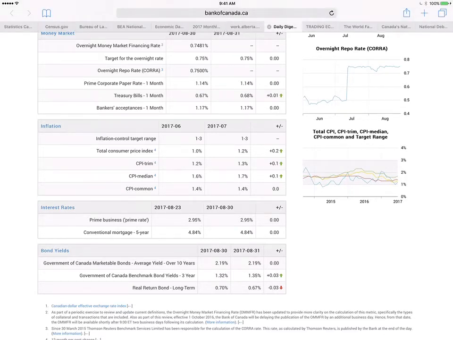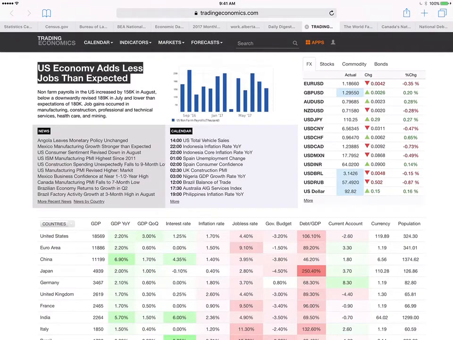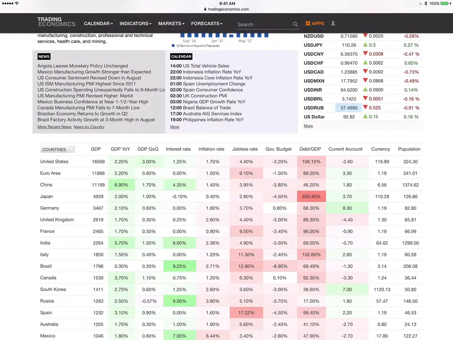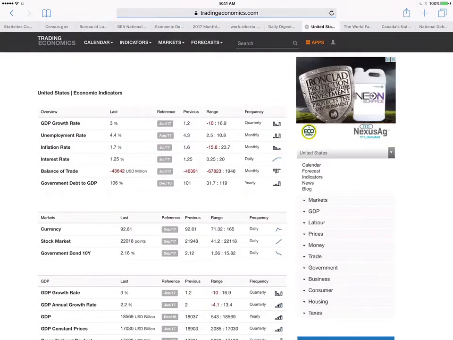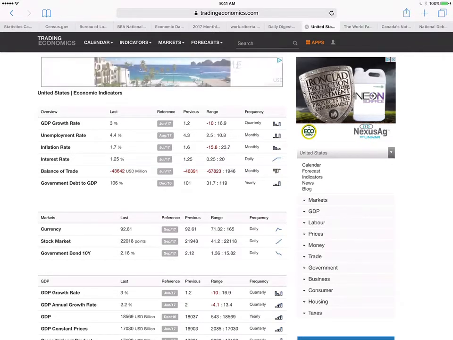If we want to compare countries, there are sources you can go to. So for example, a lot of the graphs that I use come from a website called Trading Economics. And what you see here is a lot of economic data across multiple countries. So if I click, for example, on the United States, you can see their growth rate and GDP, you can see the unemployment rate, the inflation rate.